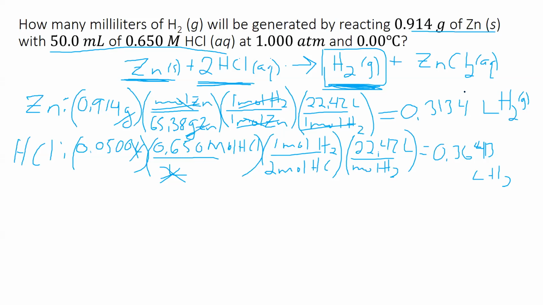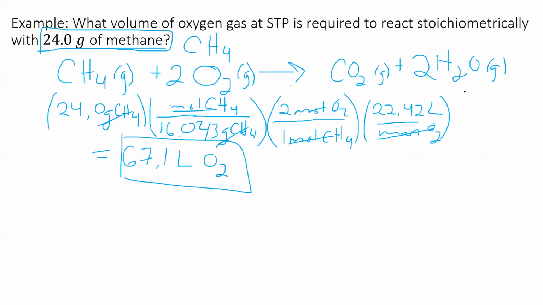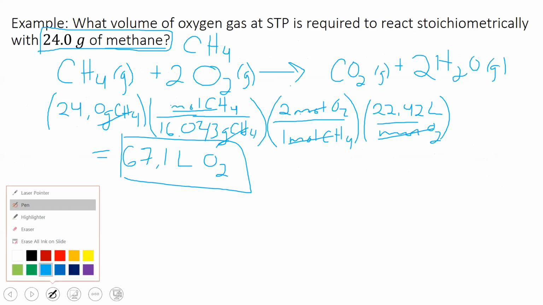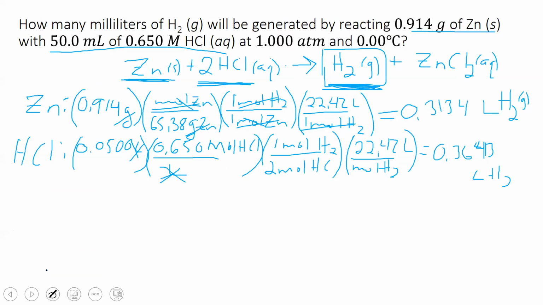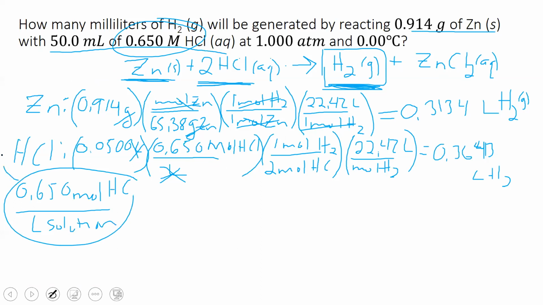So this value here, that 0.650, is 0.650 moles of HCl per liter of solution. That's what that one is right there.